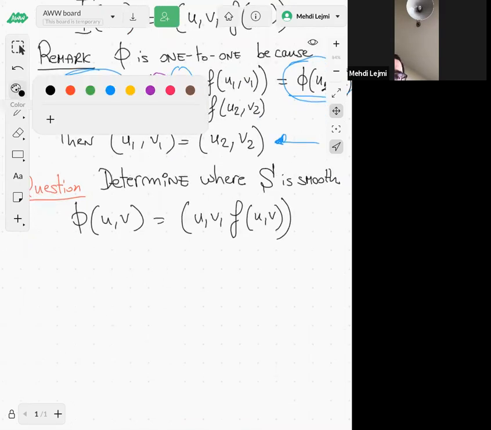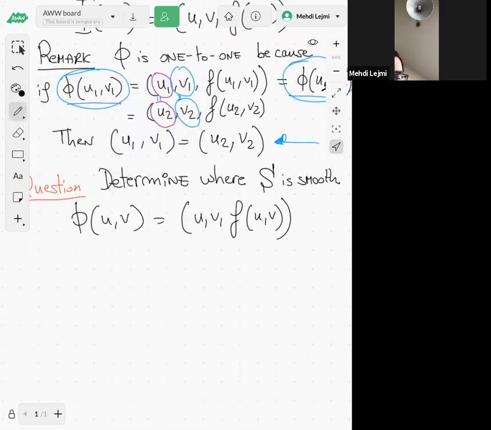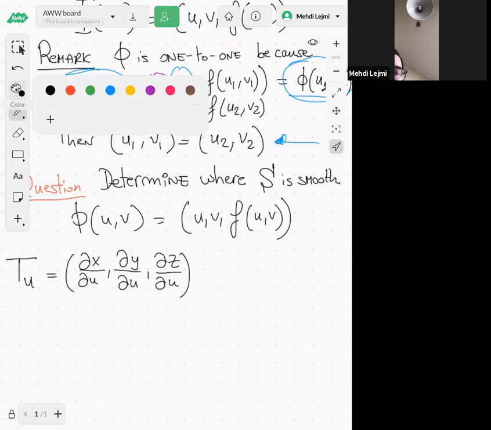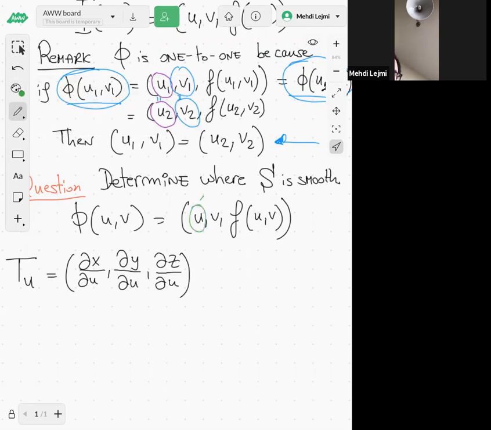So you need to compute the tangent vector t index u. That's just the derivative of x with respect to u, derivative of y with respect to u, and derivative of z with respect to u. Again, guys, this is my x, this is my y, and this is my z, as a function of u, v, of course.